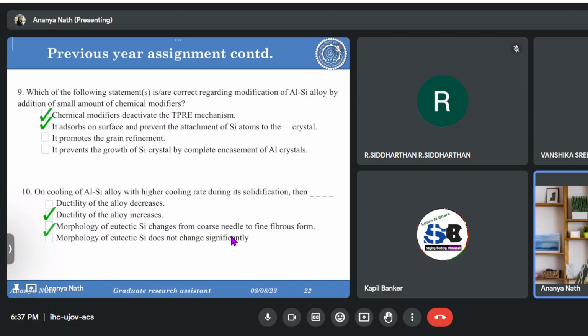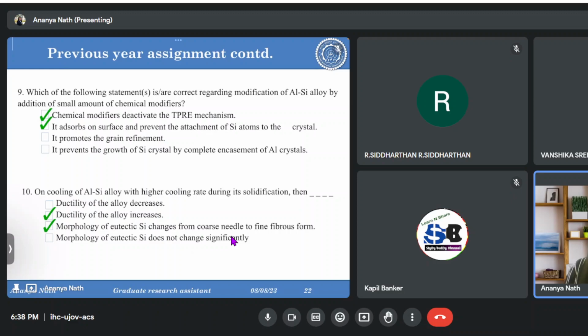If the cooling rate is very high, then, if the cooling rate is slow, aluminium will get enough time to get solidified and will encase the silicon present over there, so we can say it's restricting the growth of the silicon. But if the cooling rate is very high, there will not be any precipitate, or there will not be any time for the aluminium to grow that much.